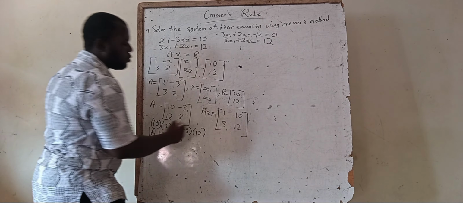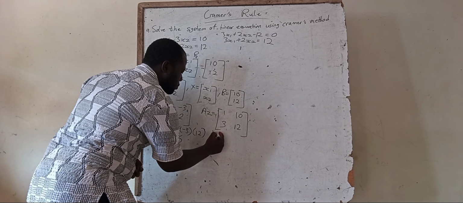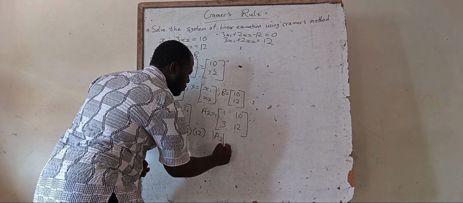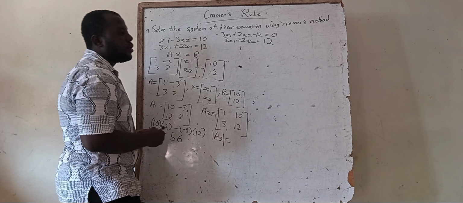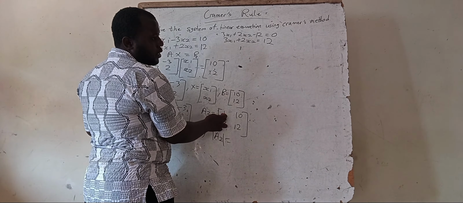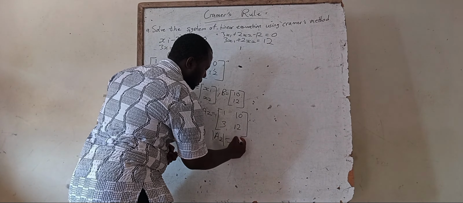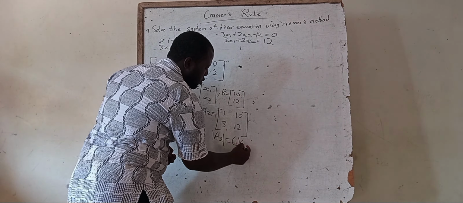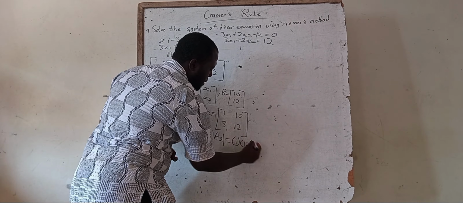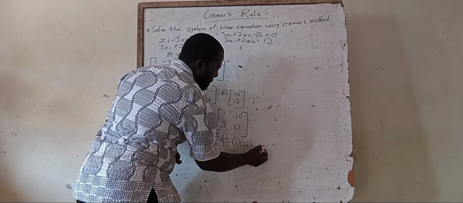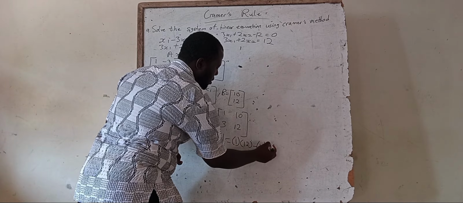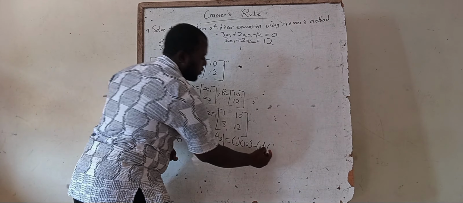Now let's move on to the determinant of A2. The determinant of A2 is the product of the leading diagonal minus the product of the opposite diagonal. So we have 1 multiplying 12, minus 10 multiplying 3.